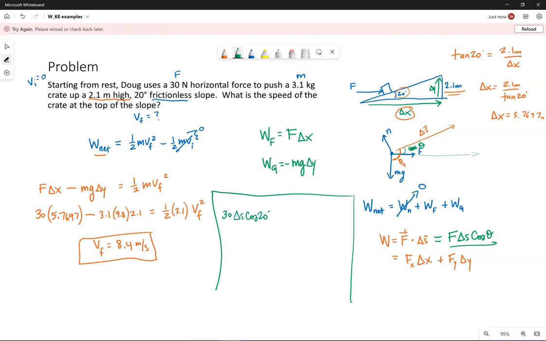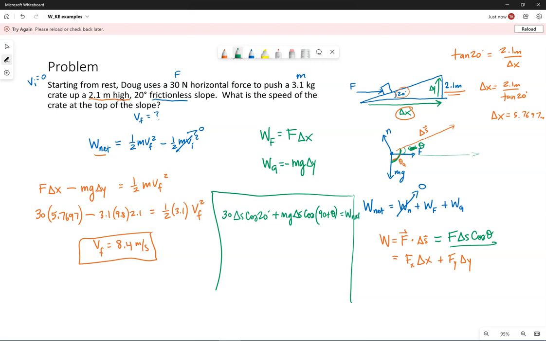So we would need to figure out delta S to plug that in. And then if we did minus mg, well actually plus mg delta S, cosine of 90 plus theta, right? Because that's the angle between the force and the displacement.